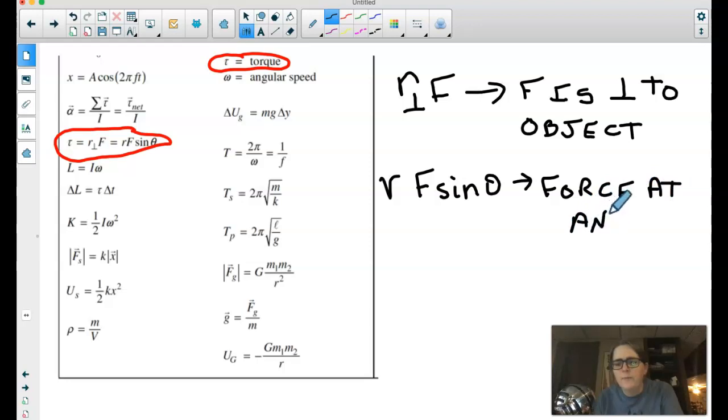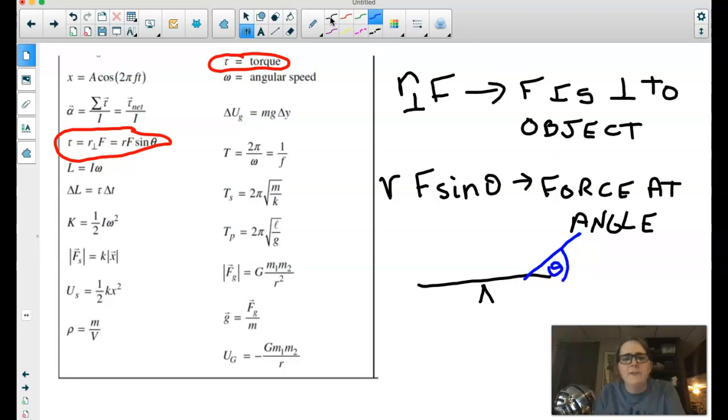So, for example, if instead of just resting bricks on that seesaw, if you had a rope or something similar that you pulled up on one end at an angle, that's when you would use that version of the equation. That's not something we're going to have to do much with.